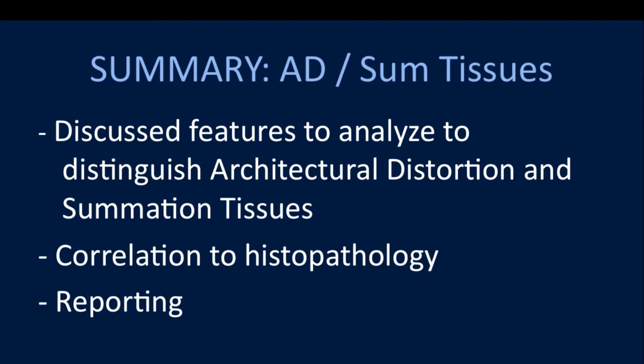Can I just add to that? We've had sclerosing adenosis present as architectural distortion and have accepted that, and I think that's supported in the literature. Fat necrosis we've had present as distortion, and we've accepted that.